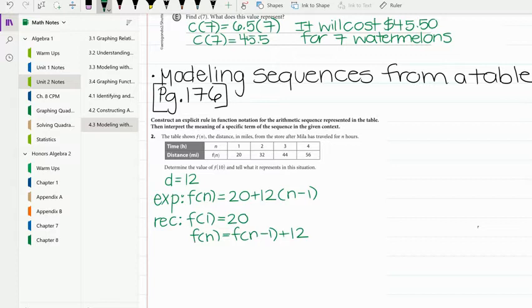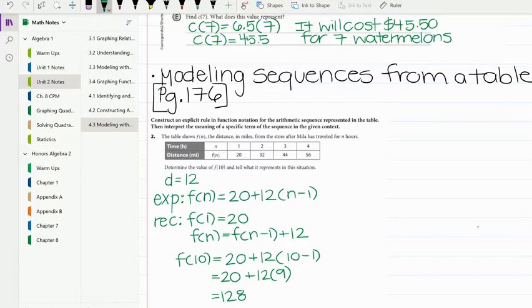Okay, so lastly is to solve for f of 10. So if we find f of 10, that would be 20 plus 12 times 10 minus 1, which is actually 20 plus 12 times 9. So we definitely want to make sure that we do 12 times 9 first and then add that to 20. And so we get 128.